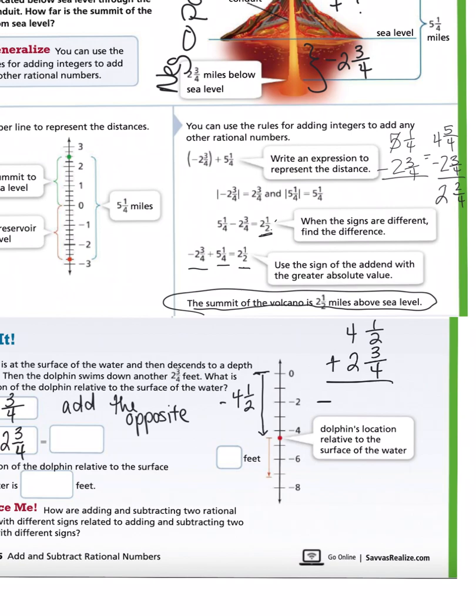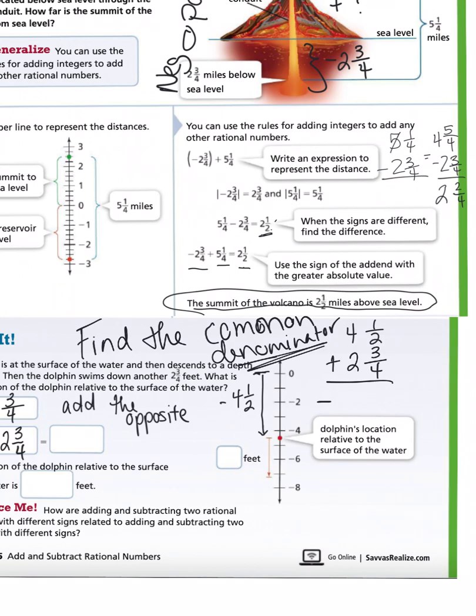So make sure you always find the common denominator. Always, always, always. So, what would be a number that you can multiply 2 by in order to get 4? You can multiply it by 2. So you've got to multiply both of them by 2.